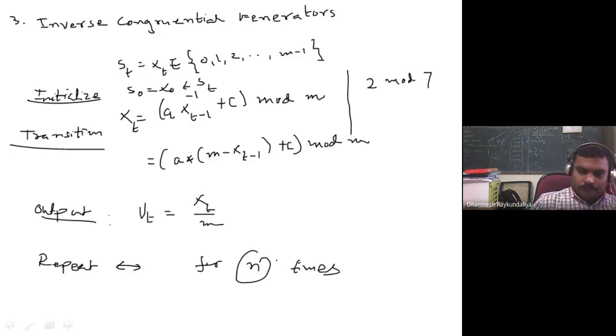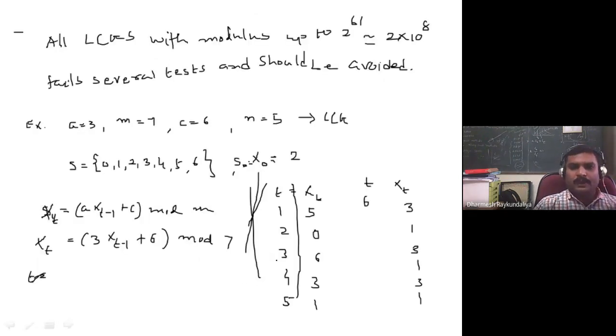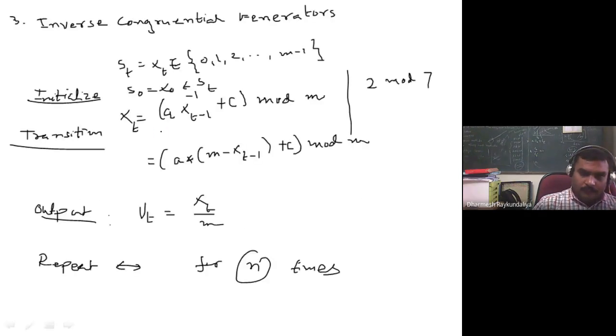So can you give me the answer of the inverse random number generator if I am using the congruential generator for the same pattern? This one, a equal to 3, m equal to 7, c equal to 6, n equal to 5. So that is in the homework.